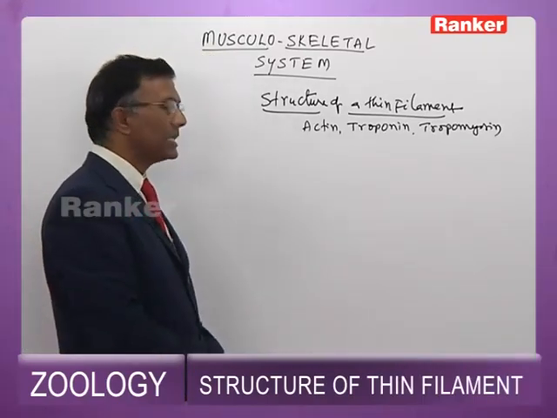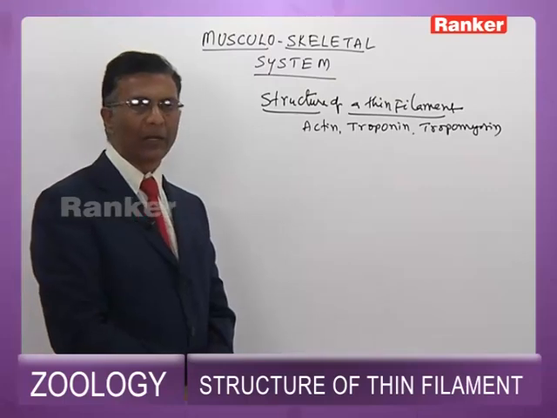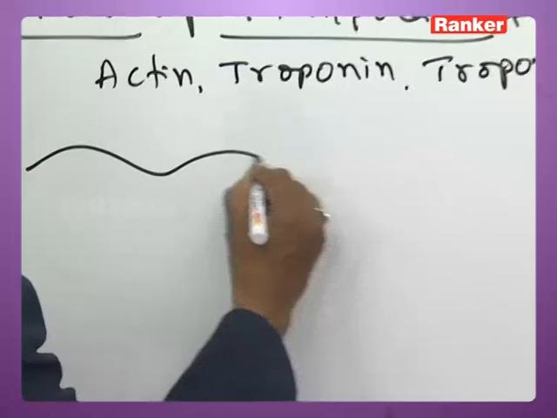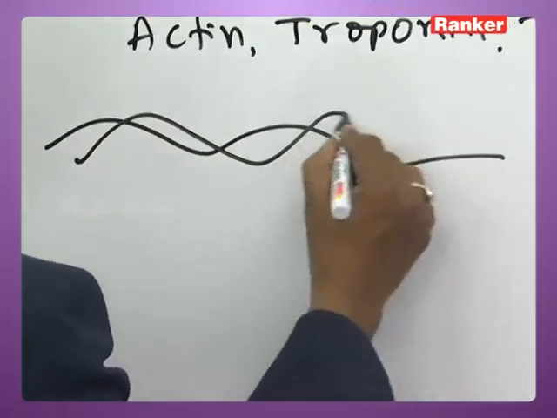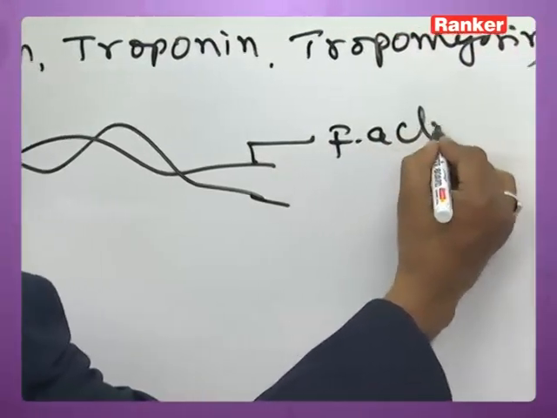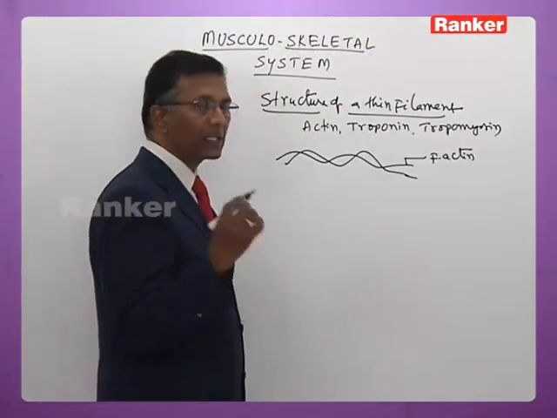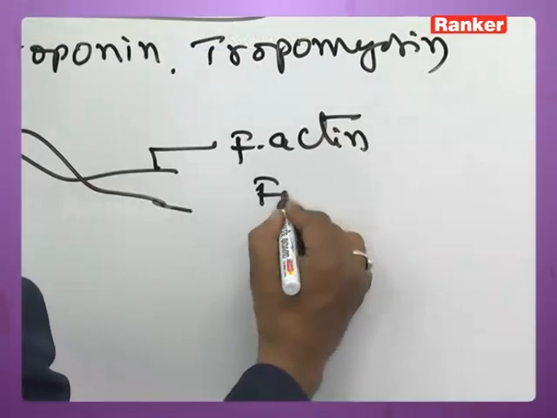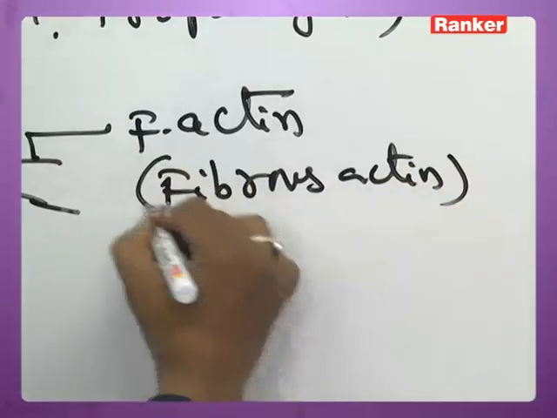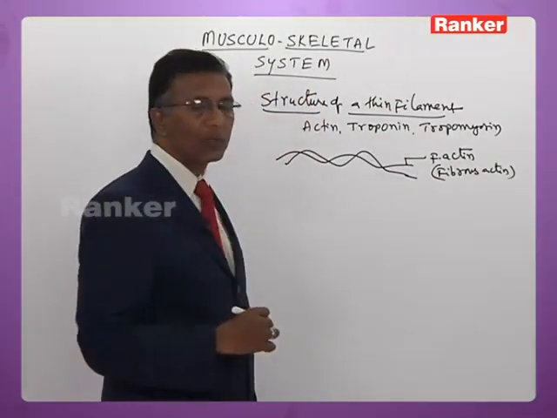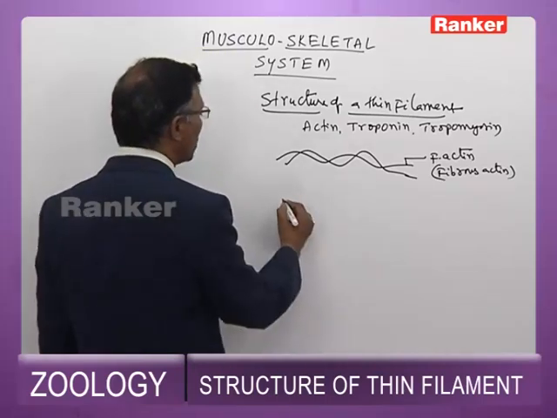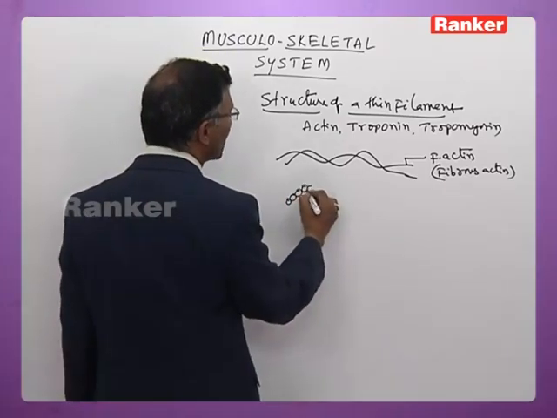Among these, actin forms a major chunk of the thin filament. The actin is in the form of two spirally twisted polypeptide strands, where each polypeptide strand is called F-actin. F stands for fibrous actin. Each fibrous actin is formed by polymerization of several G-actin molecules. So several monomers like this are present.